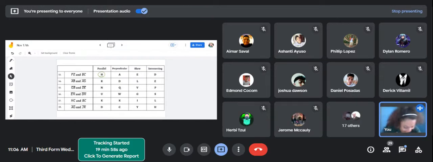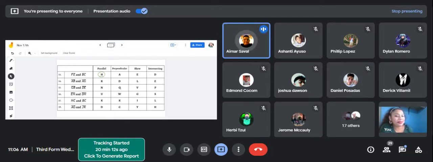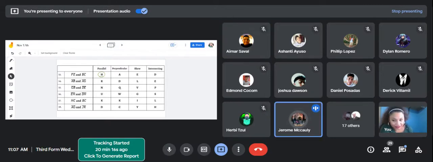Because I heard something different first. Skew? That's not the correct answer. For number 14. Perpendicular, miss. 14 is intersecting. It's not perpendicular, it's intersecting. Very good. Good try, guys.